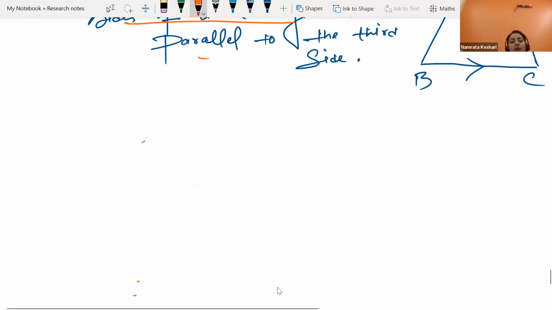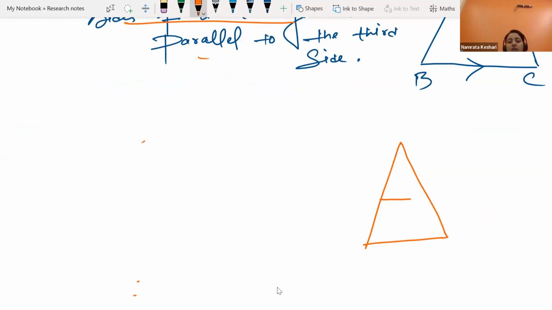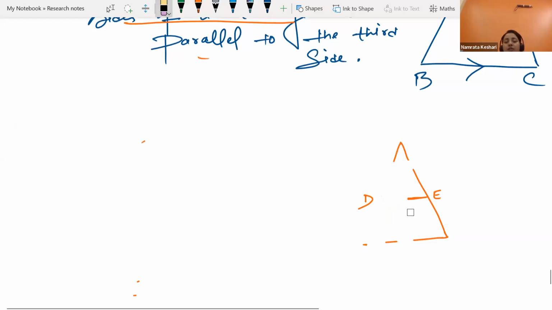Let's prove it. So I am drawing the triangle again over here. At first we'll be doing one construction to prove it. Just let's discuss what we'll be doing over here, then I'll be writing everything.